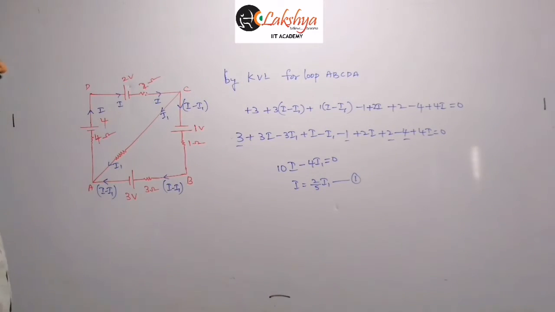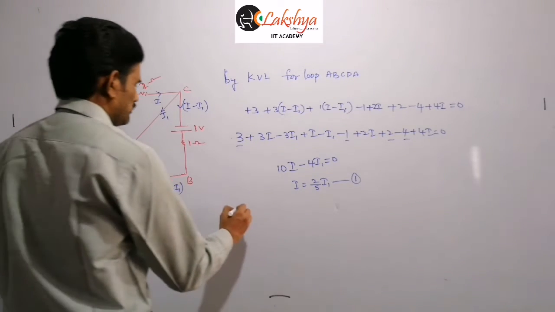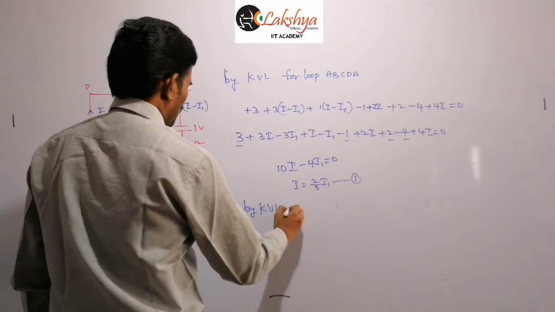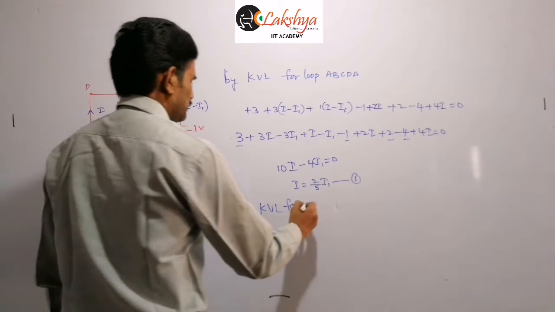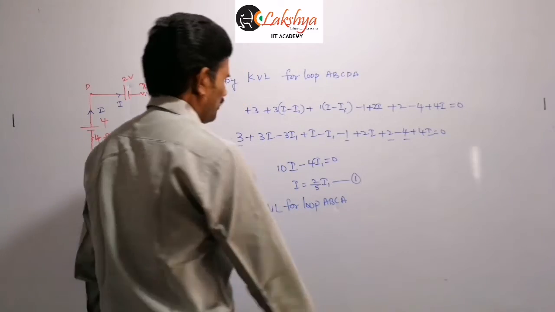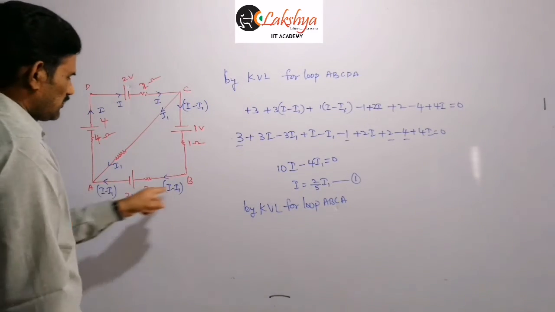Now take any other loop and then apply Kirchhoff law. Suppose I am taking this ABCA loop. By KVL for loop ABCA, for this loop we are applying here simply, and again we are traveling like this.